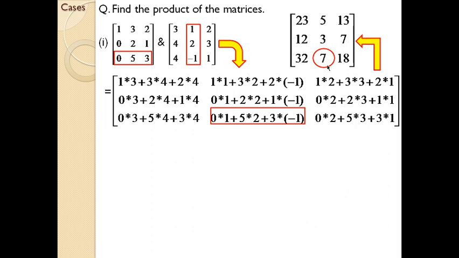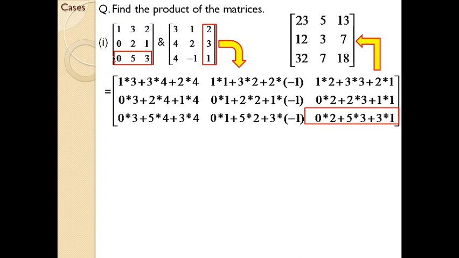And finally, you have one more column to deal with: the last row of the first matrix and the last column of the second matrix. If you multiply these two, you will get 0 into 2 plus 5 into 3 plus 3 into 1. If you solve these numbers within this bracket, you will get 18.